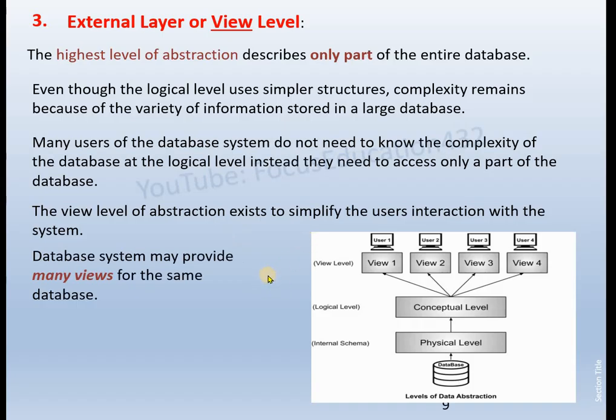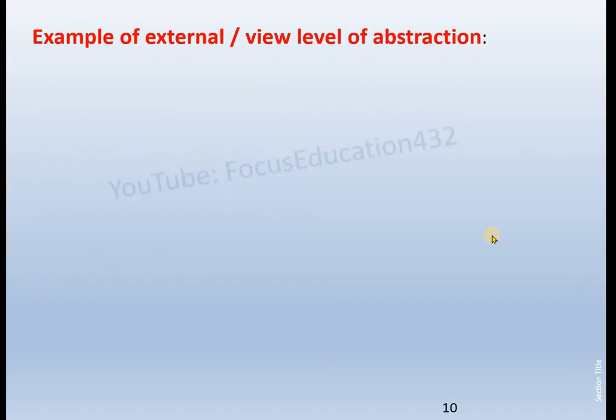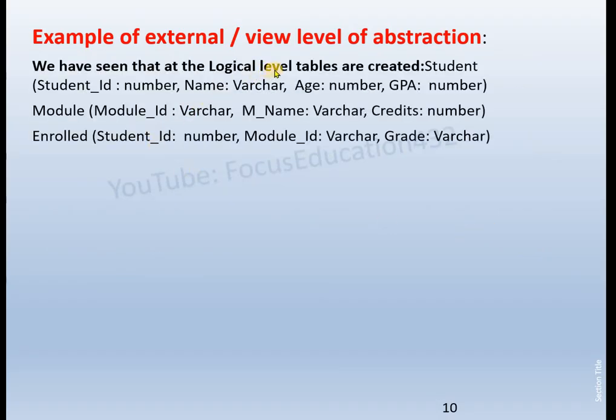That is what we have discussed. Many views are created here depending upon the user's requirement. As examples of the external or view level of abstraction, we have created tables at the logical level, the middle level, the conceptual level.